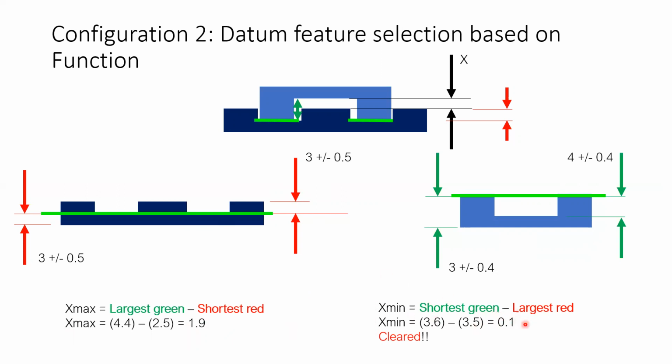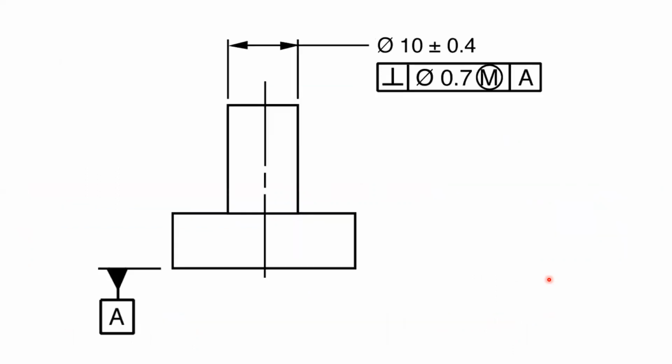The good news is that we do not have any interference. So we do not need to do any redesign, or reduce the tolerances and make the part more expensive. I hope you find this example enlightening.